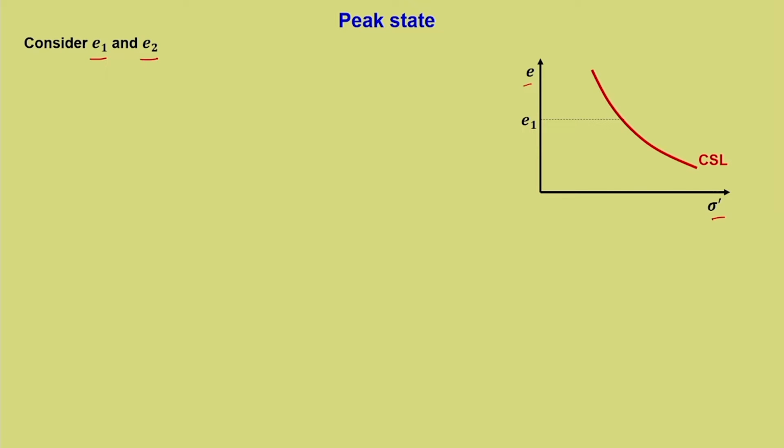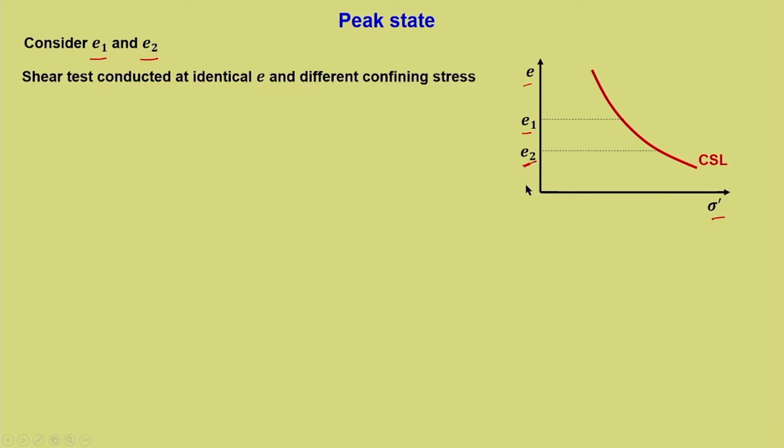Now, this is the reference void ratio e1 and e2. You can note that e2 is less than e1, that means this is a more dense state. Now, a shear strength test is conducted at identical e and different confining stress, and that is what we do.